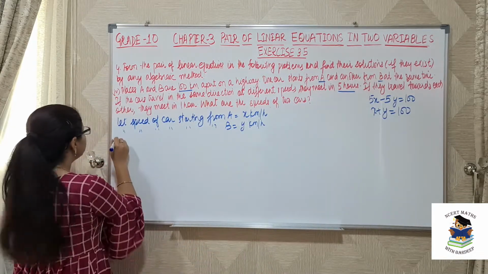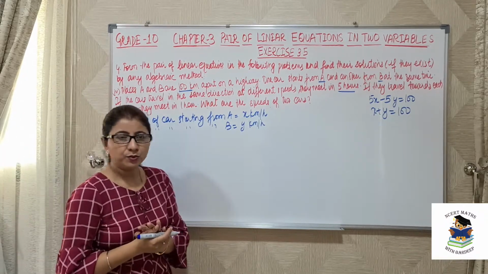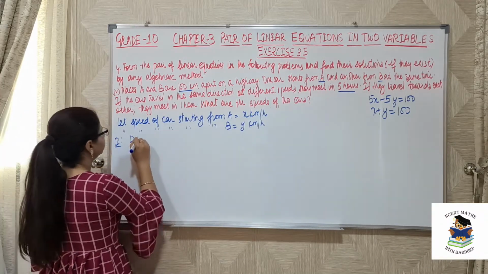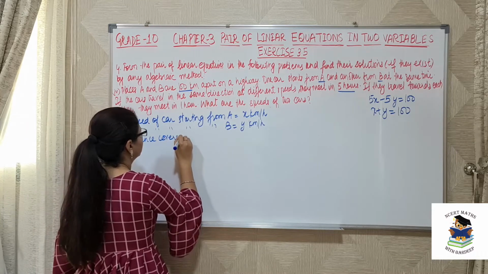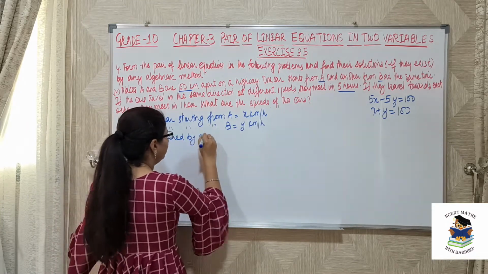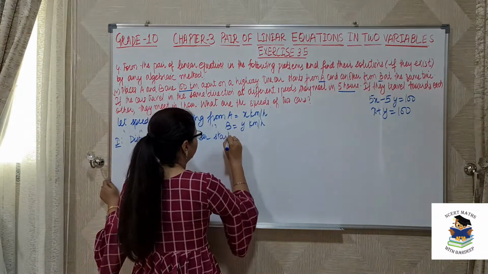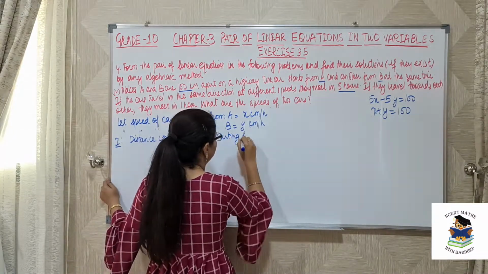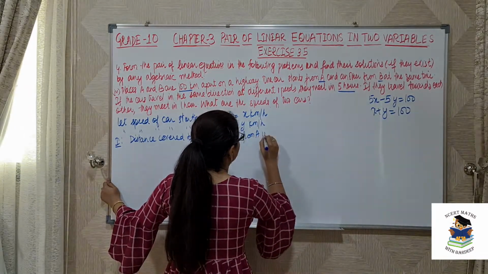So our first situation is they meet after 5 hours. So the distance covered by a car starting from A in 5 hours.